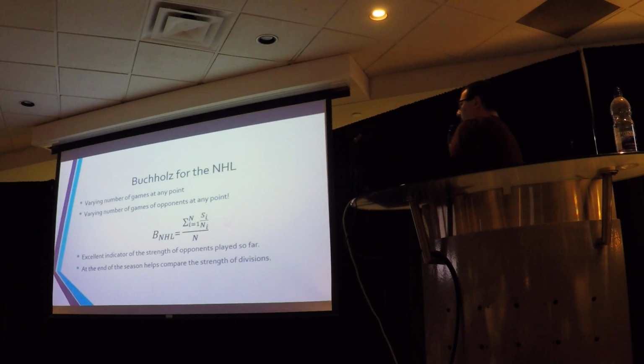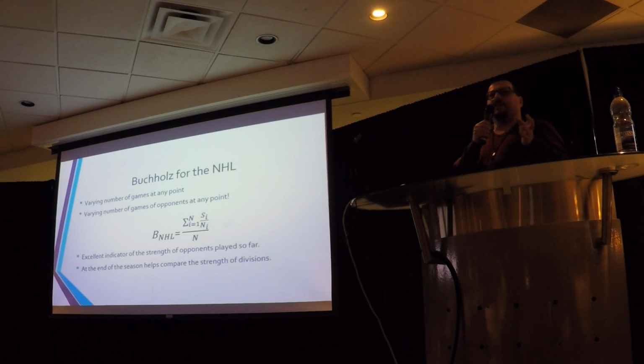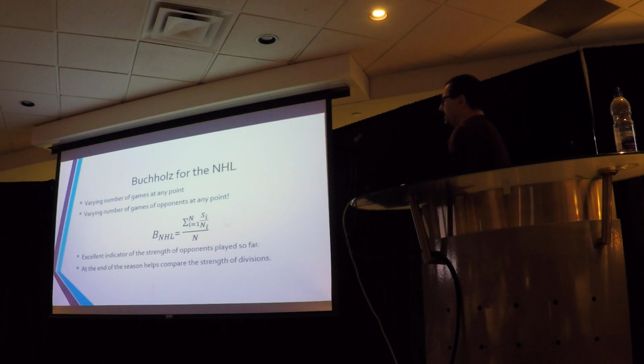But for the NHL, especially during the season, everyone plays a different number of games against very different opposition. And so we can compute some kind of coefficient, but we have to calculate sums of points per game and divide it by the number of games played.